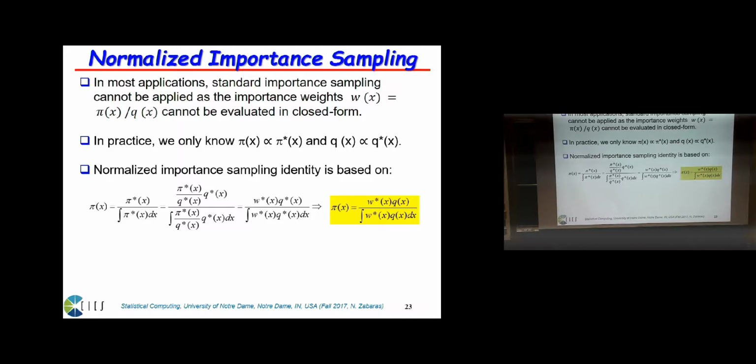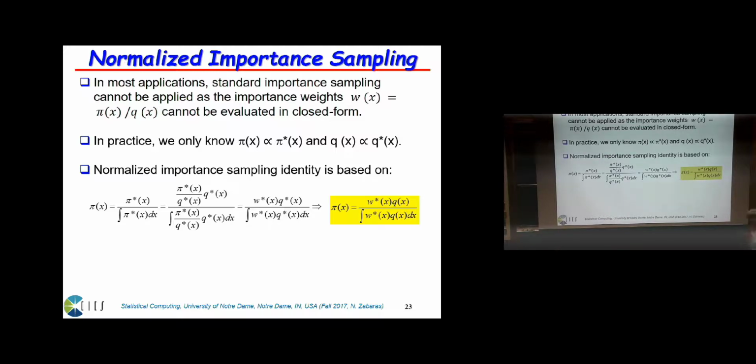Can I go easily from here to there? Remember, q star is in the numerator and the denominator. So if you divide both sides by the normalization factor of q, obviously you're going to get q there and q there. This is a nice equation, because now it tells us that if we know the unnormalized weights, pi star over q star, we have an expression for pi.